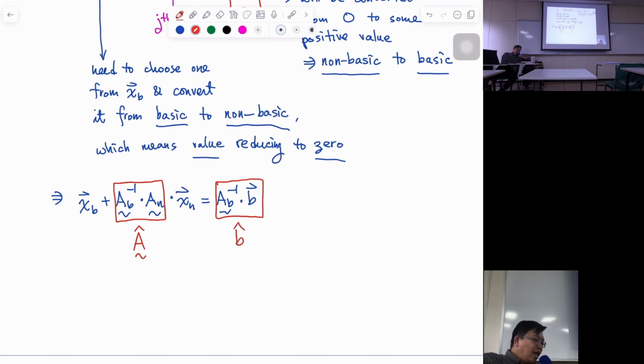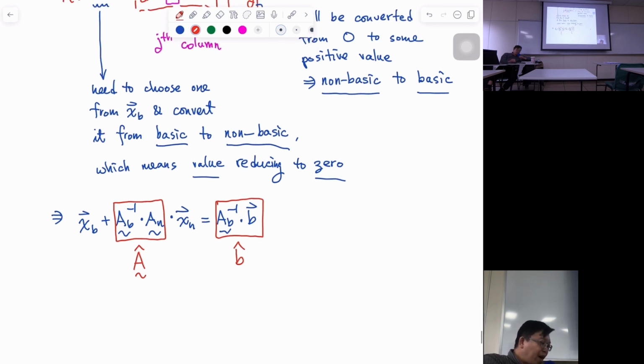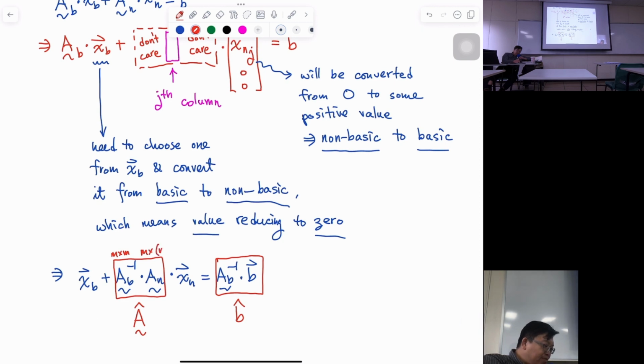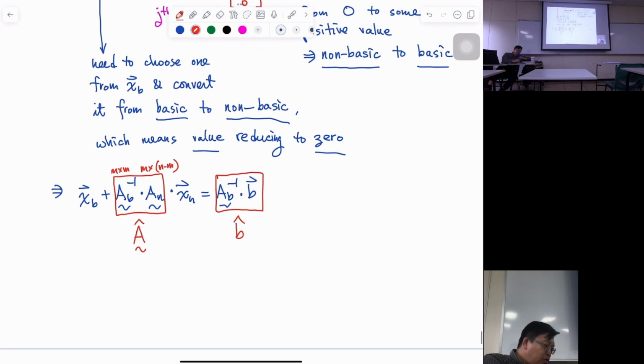Okay? And for the A hat and B hat, let's check the dimension first. So AB is an m by m matrix. AN is m by n minus m. So A hat is m by n minus m. Here B hat is basically m by m times m by 1, so B hat is m by 1.